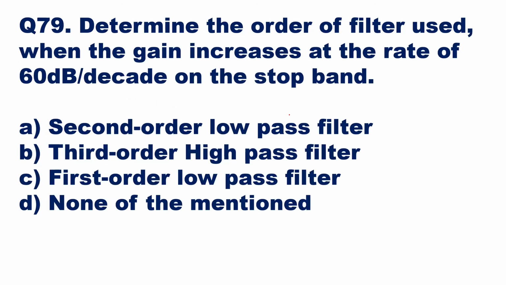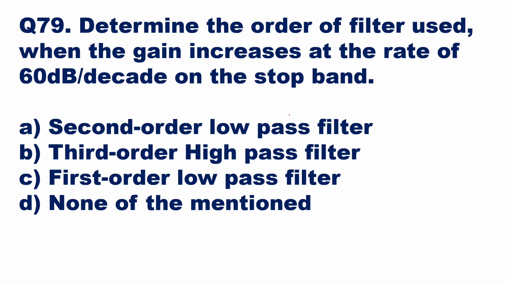Then we'll go to the next question, question number 79. Determine the order of the filter used when the gain increases at the rate of 60 decibels per decade in the stop band. If you go from stop band to pass band, the gain is going to increase. If you come from pass band to stop band, it is going to decrease.